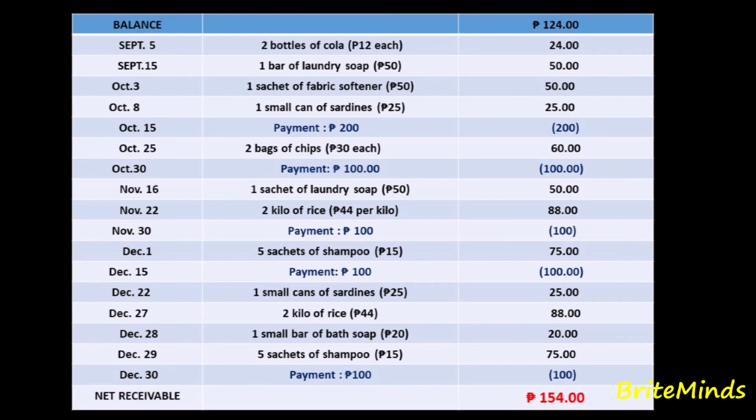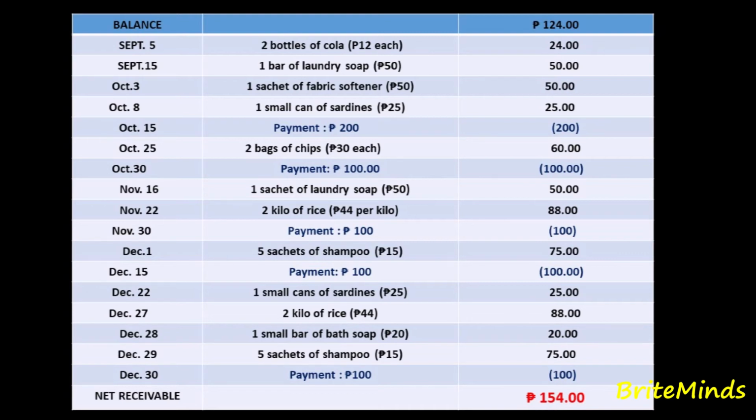Okay, on October 15, she paid 200 pesos. On October 30, she had a payment of 100 pesos. And then on November 30, she had a payment of 100 pesos. And on December 15th, she had a payment of 100 pesos.